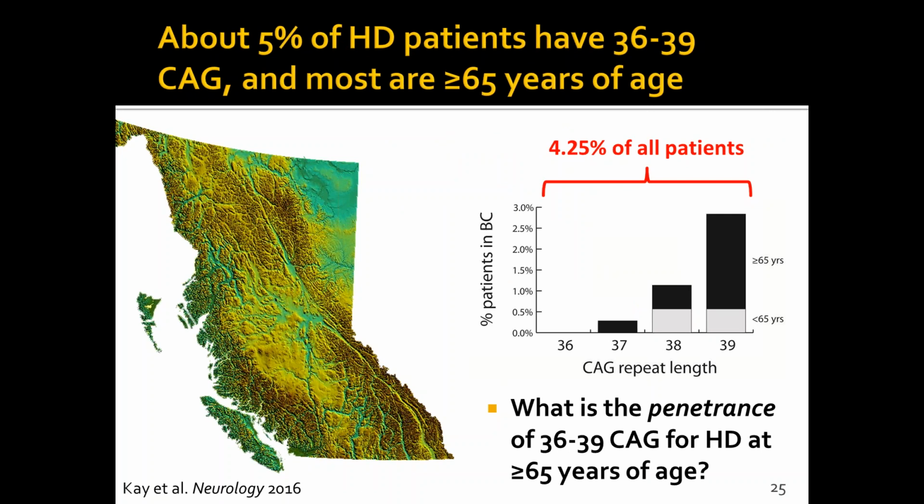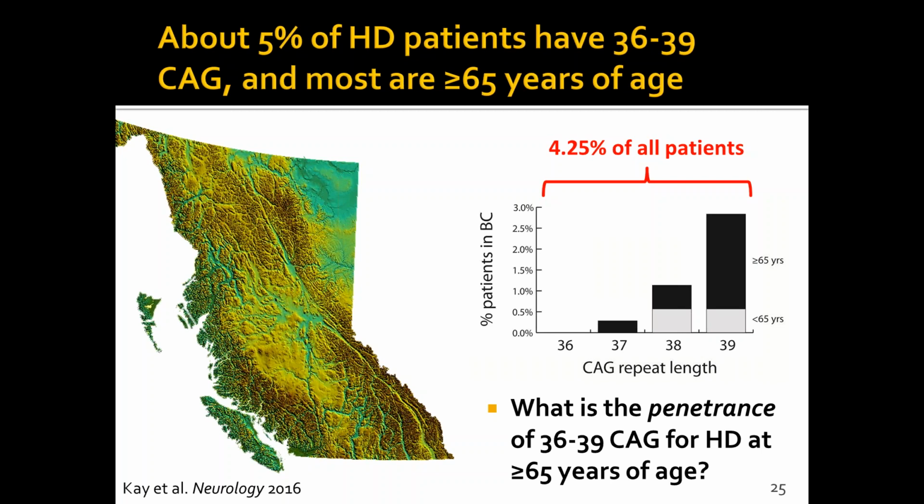And when you look at the age of these individuals, most individuals with 36 to 39 are over the age of 65. So in this plot, you can think of these as the percent of patients in British Columbia with a given repeat length in the reduced penetrance range, and in black you can see that most of them are over the age of 65.